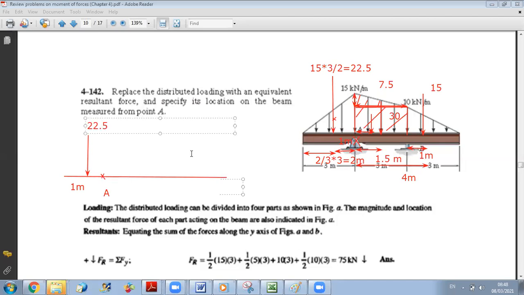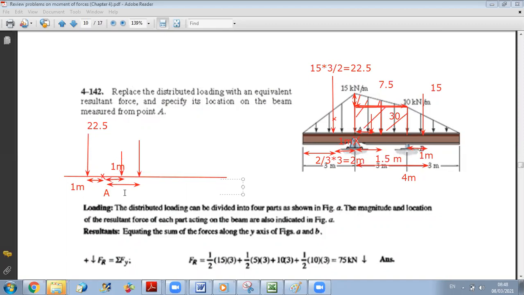The second force is replacing the rectangular one. It is at 1.5 meter from A, so this is 1. Now you have 1 and 1.5. 1 is for the triangular load, 7.5 kilonewton per meter. So this is the triangular load. This is the rectangular load here. And you know that this distance is 1 meter.